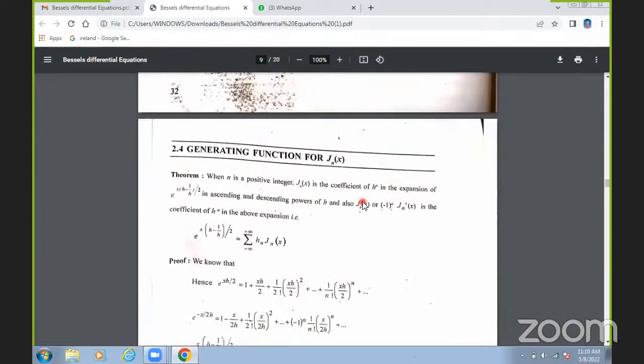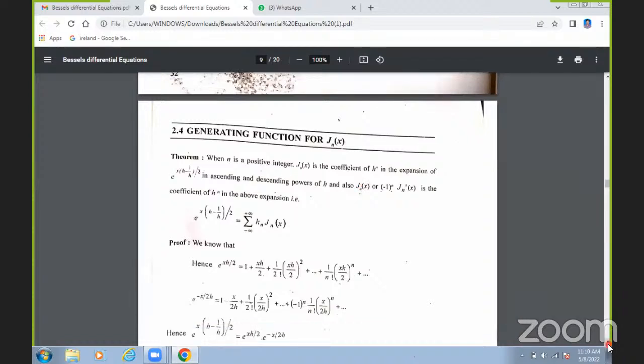After this, we'll move to the generating function for Jn of x. We'll see this in 1 minute.